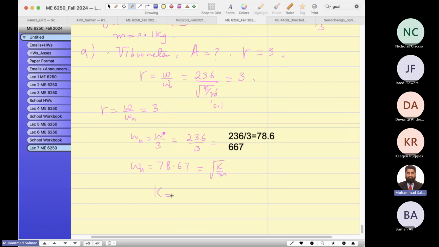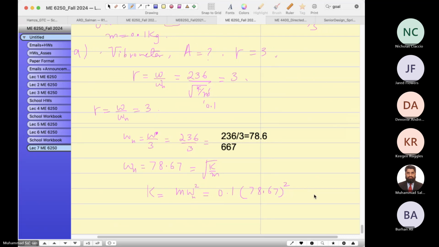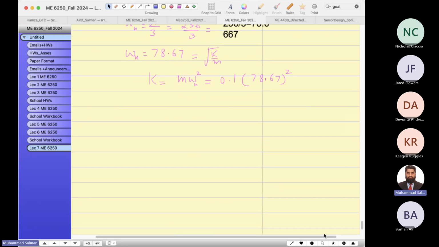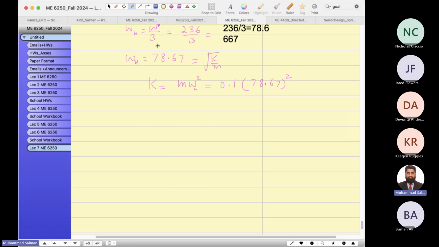So can I find k like this? m equals 0.1. Okay, guys, what is the stiffness value? Is it 6,191? Yes, almost. Yes, it's different.